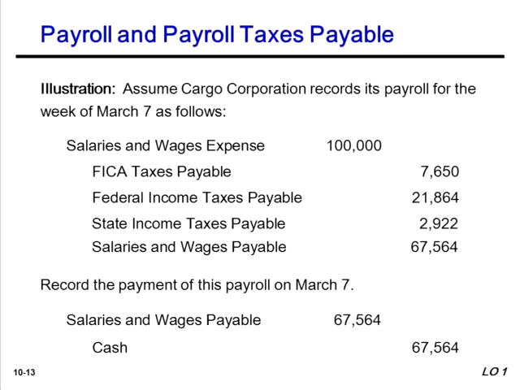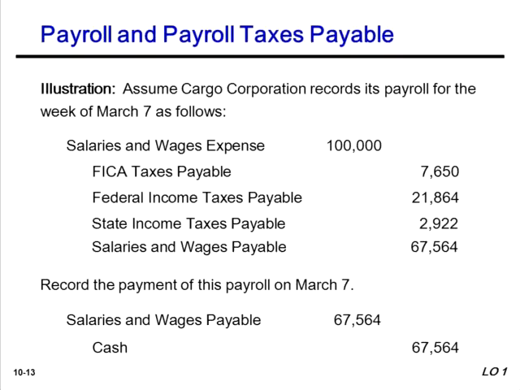So if we go back and look at the payables, the FICA taxes payable, the corporation or the employer must remit that to the government. Also the same with the federal income taxes and the state income taxes. The salaries and wages payable represents the net pay. That's what the employees get after the government, for all intents and purposes, has gotten what's owed to them.